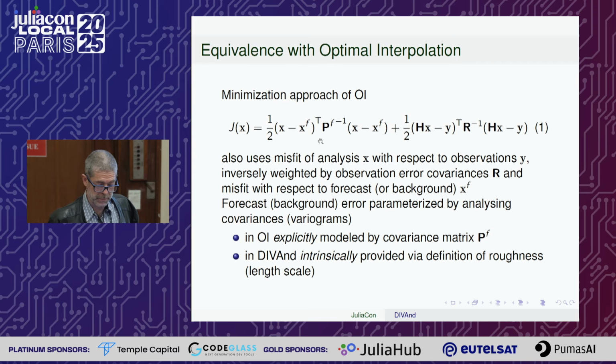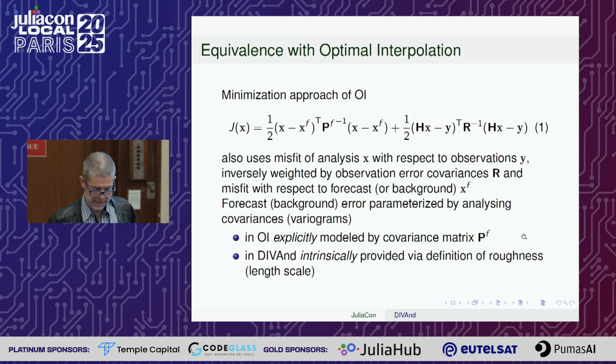So you have an equivalence between the two, but there's a big difference in terms of practice. In Kalman filter and optimal interpolation, you explicitly define how your covariance function looks like. You decide what it is. In DIVA, it's the operator which defines the derivatives, which creates it for you. So you can control it to some extent, but you have not so much freedom as in optimal interpolation.